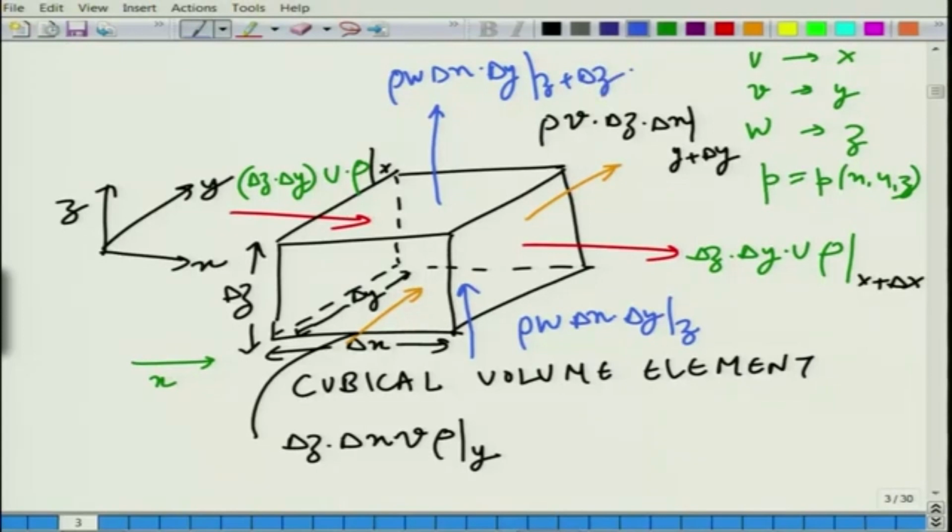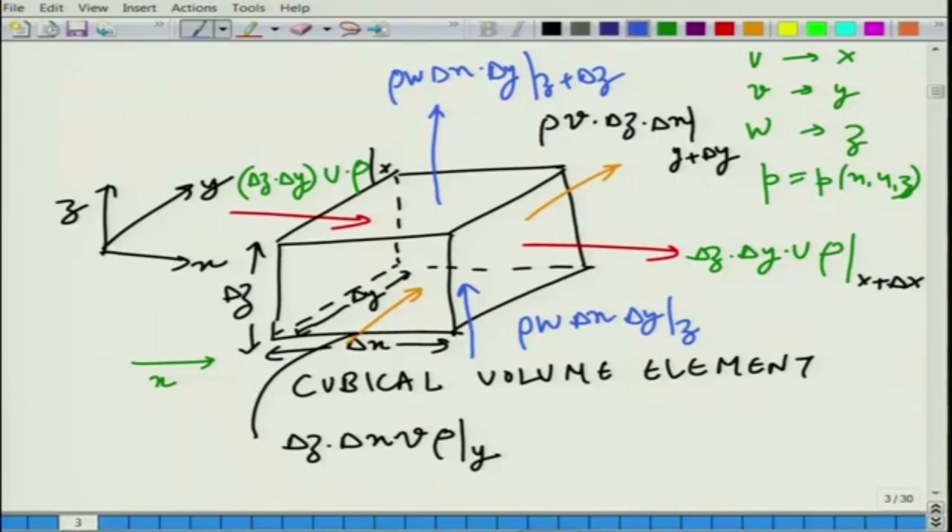Okay. So, basically by drawing this figure, what we have done is that we have identified in the small cubical control volume the fluxes that enter from different faces and the fluxes that exit from the opposite face.